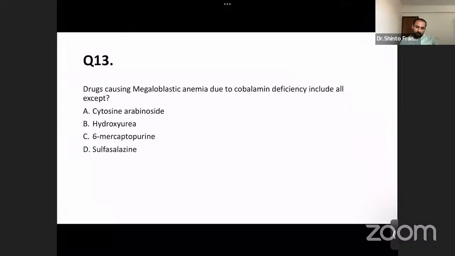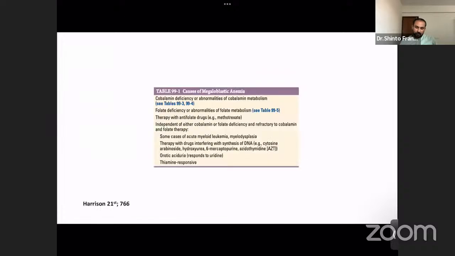So question number 13: drugs causing megaloblastic anemia due to cobalamin deficiency include all except cytosine, hydroxyurea, 6-MP, sulfasalazine. Again, the chart: drugs that interfere with DNA synthesis. This is the causes of megaloblastic anemia chart: cobalamin deficiency, folic acid deficiency, antifolate drugs like methotrexate, others independent of cobalamin and folic acid deficiency, refractory to cobalamin or folate therapy.